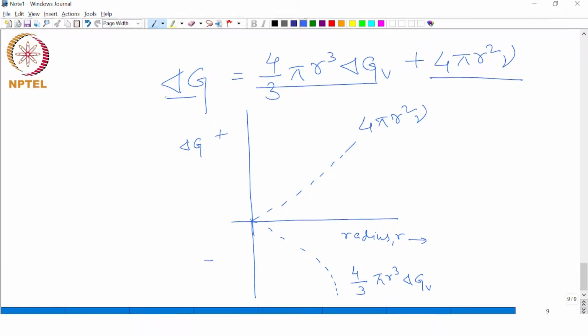And the summation of these two is delta G, which can be shown here as the sum of these two.